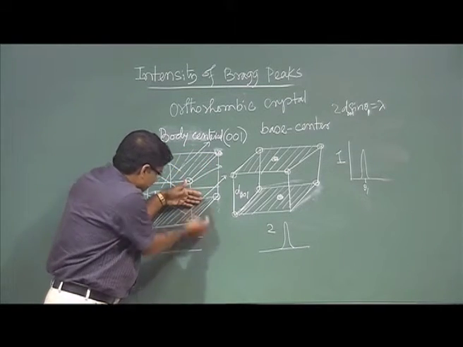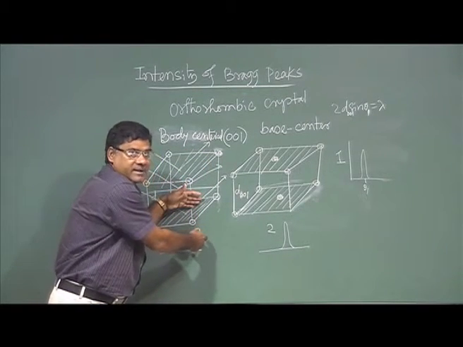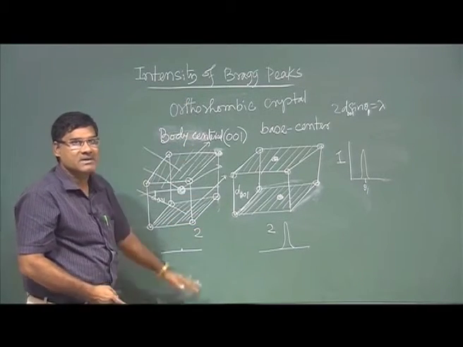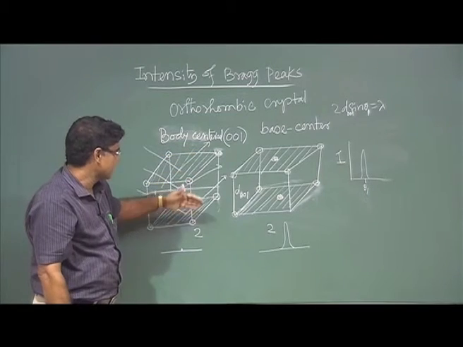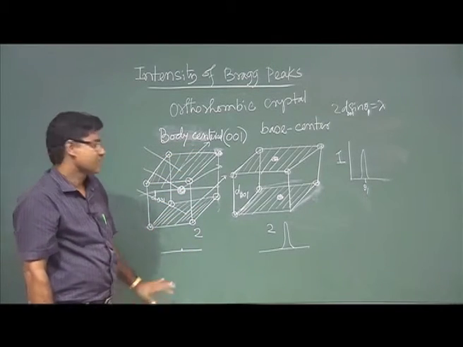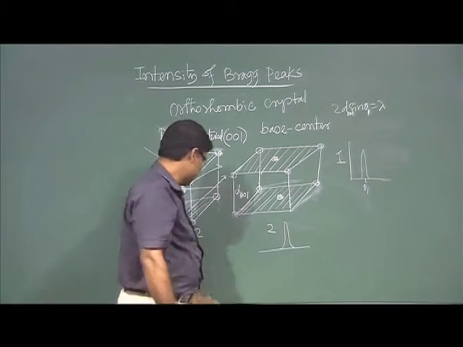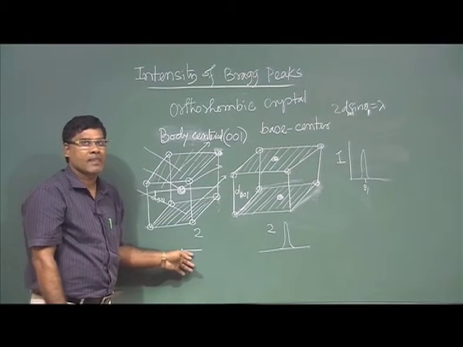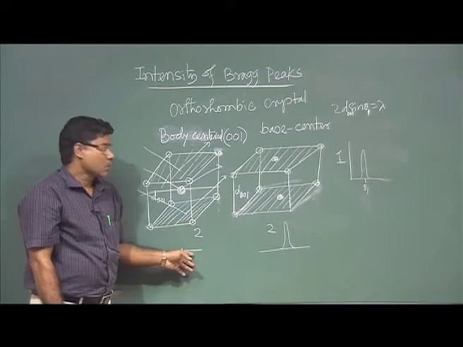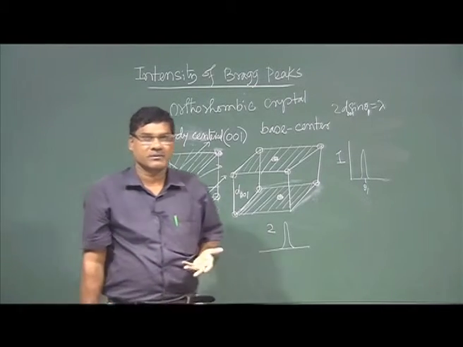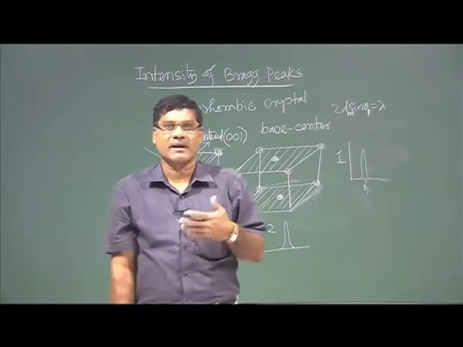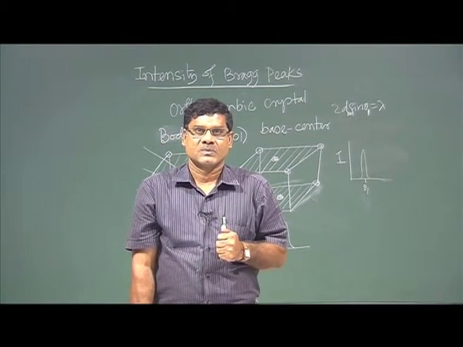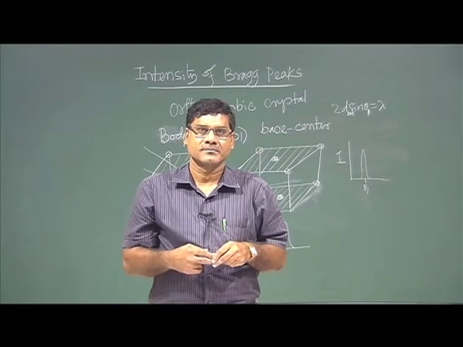Now, this and the next planes, there are many planes, so they will cancel each other. So you will not get any peak at this angle where you are supposed to get one. Okay. In this case it is 0, but all the time the intensities are not 0. So intensity varies.